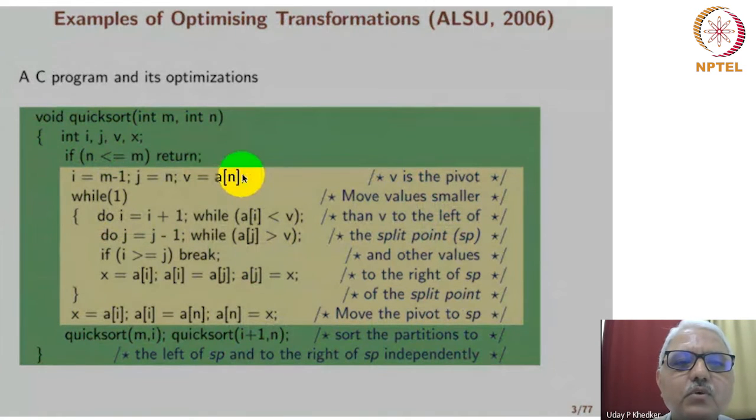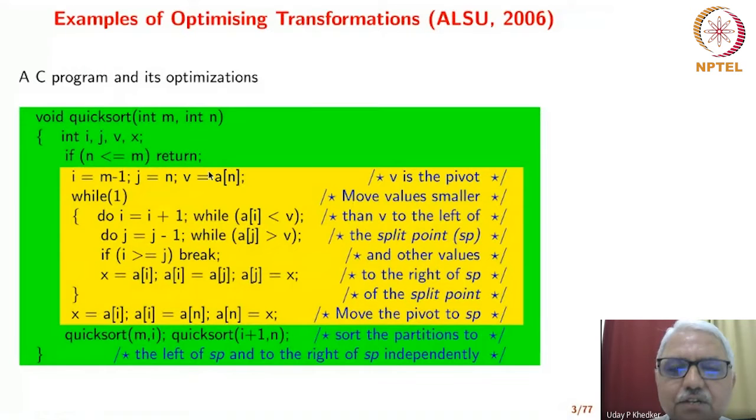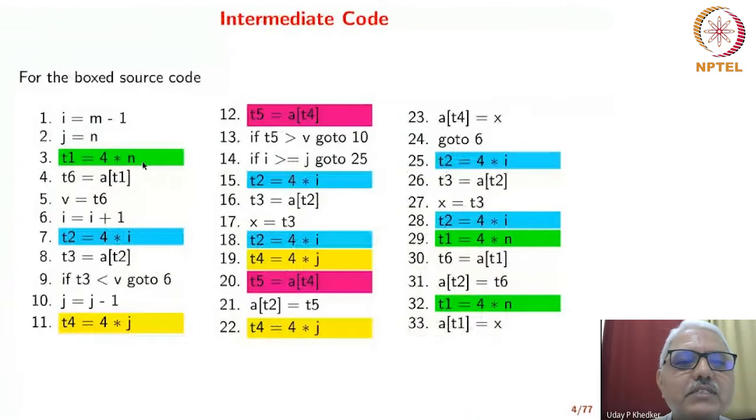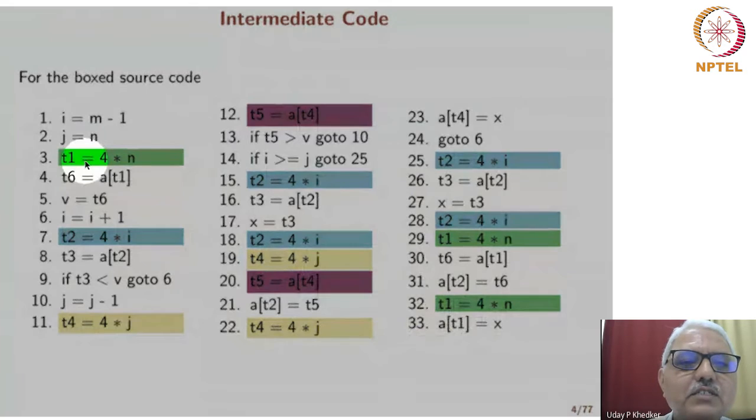And then we have this assignment v = a[n], which gets translated into a sequence of assignments here. We first identify the address of the nth element by multiplying n by 4, because this is an integer array. Then we access that location, store it in a temporary variable, and we store that into v.